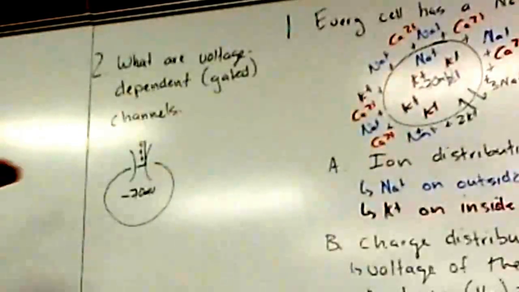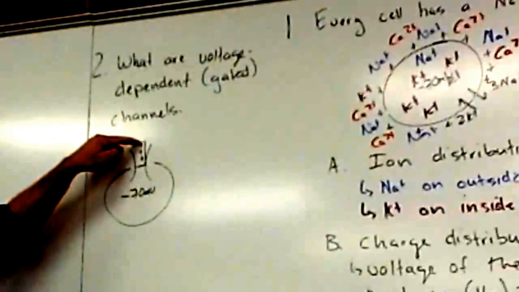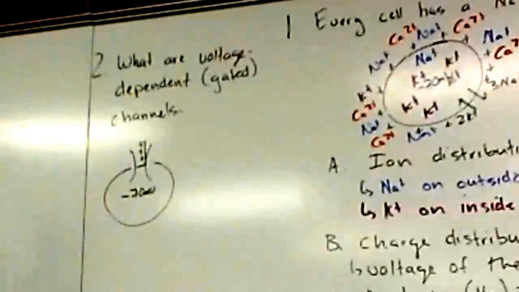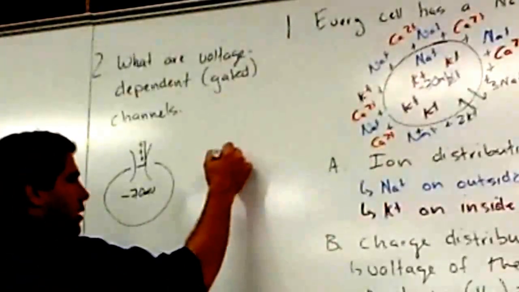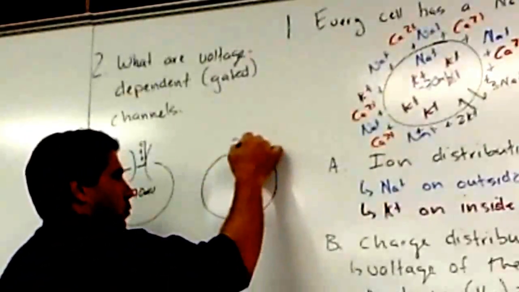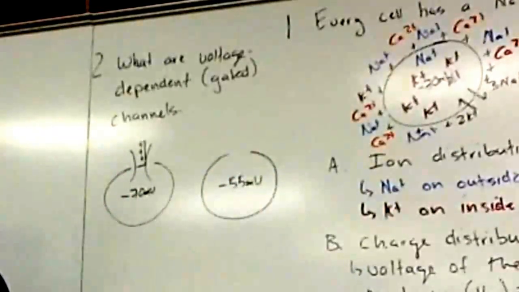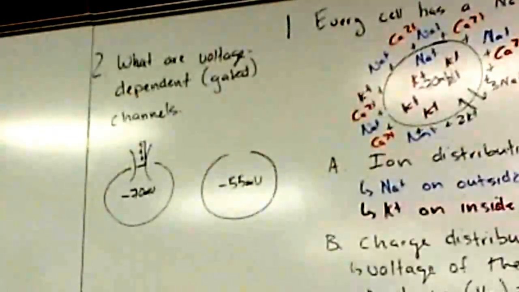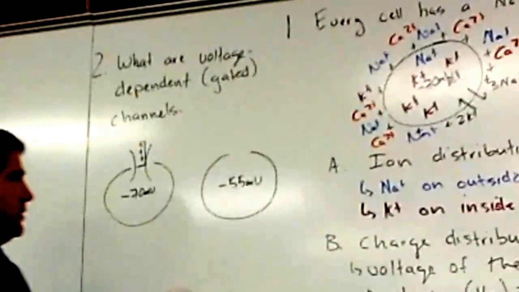So this gate is going to stay down in this channel because these positive charges are attracted to the negative charge inside of the cell. Which doesn't make any sense until you draw the opposite, which is, what if I let that voltage be not quite so negative, if it raised a little bit? And we're talking up to minus 55 in the case of a sodium channel, or up to 0 or plus 30 in the case of other channels like calcium and potassium.